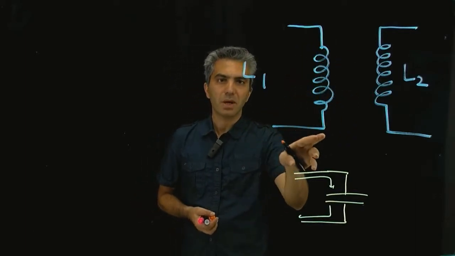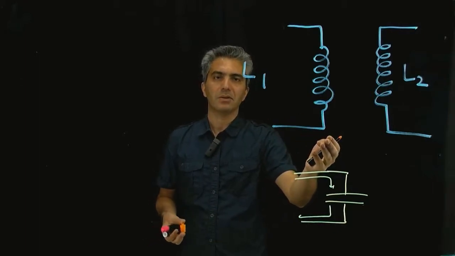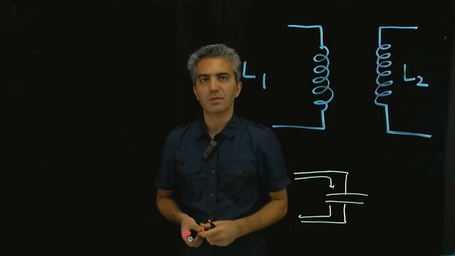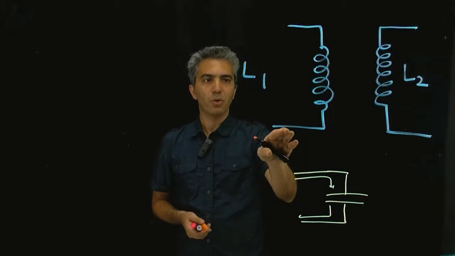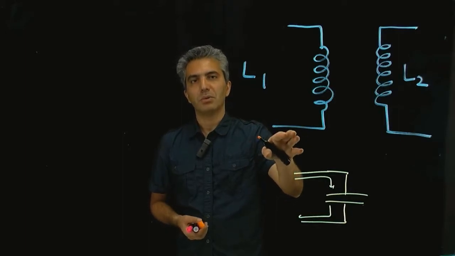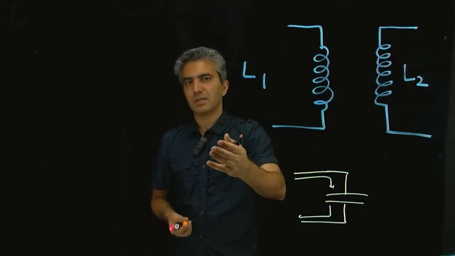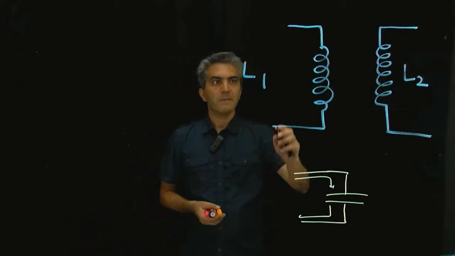Because normally even a piece of wire turns some of the energy associated with the current that is passing through it into a magnetic field. But normally that component of energy is small or negligible, and we don't consider just a piece of wire as a component that is transferring energy into a magnetic field.